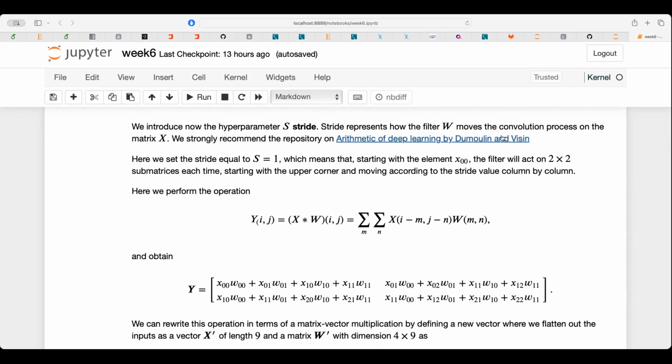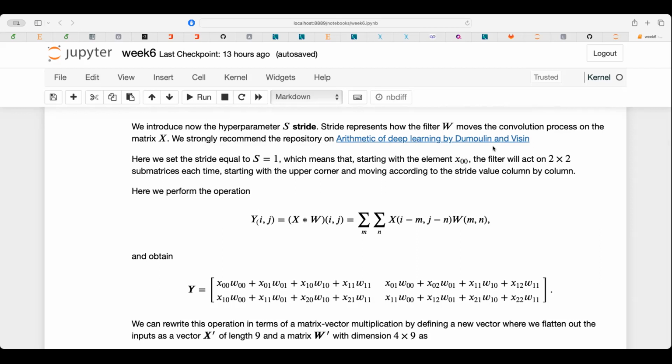They actually give you Python code where you can play around with different stride and padding values just to get a feeling of how the information is being transferred.